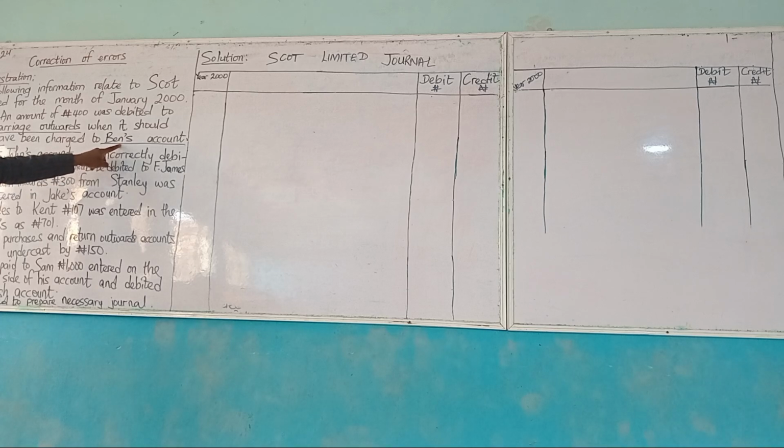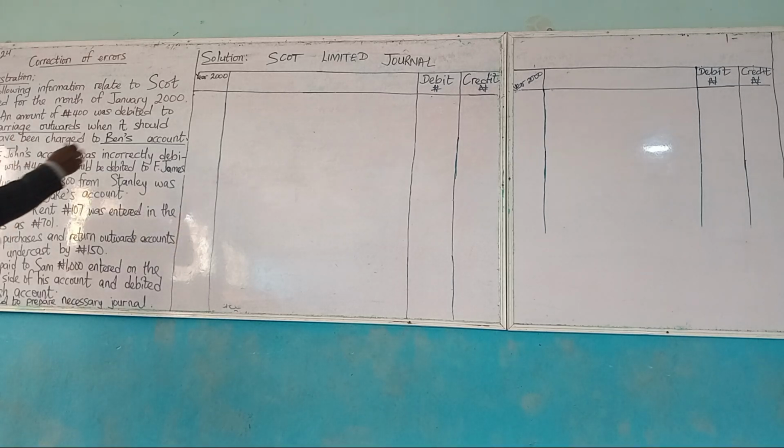I believe you understand the reason why we are going to credit this account: it was previously debited, whereas the debit is supposed to go into the other account. So we have to credit this account now to reverse that action.